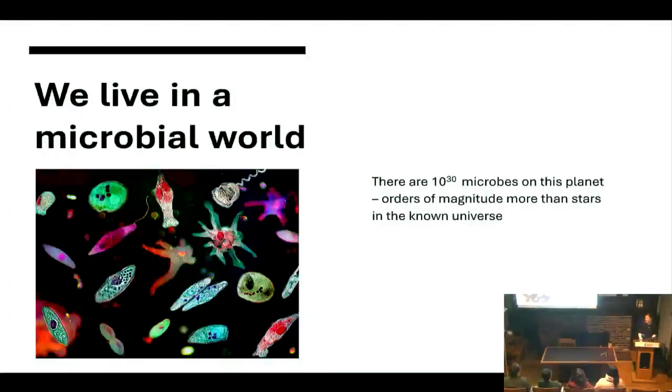So if any of you went to Aaron's talk a couple of months ago, it was about biodiversity, mainly on a macroscopic scale, life that we can see with the naked eye. And even that biodiversity on Earth is astounding. Scientists and naturalists go around the world trying to catalogue the biodiversity of life.